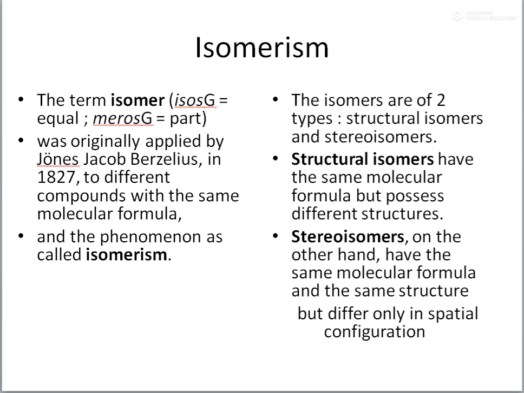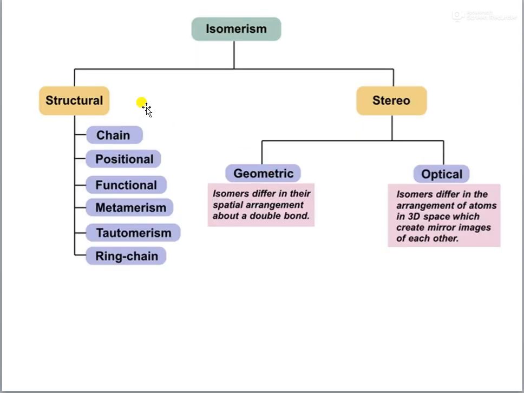So if you go to consider isomerism, you can divide it into structural isomerism or stereoisomerism. Structural isomerism is again divided into chain isomerism, positional isomerism, functional isomerism, metamerism, tautomerism, as well as ring chain isomerism, which I will not be dealing with right now in this particular session. This session is mainly concentrating on stereoisomerism, and we would be talking mainly about the stereoisomerism of carbohydrates.